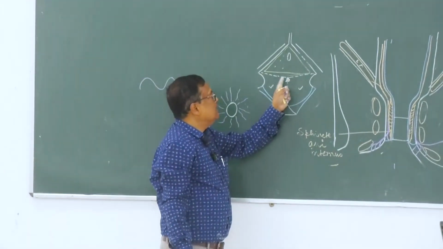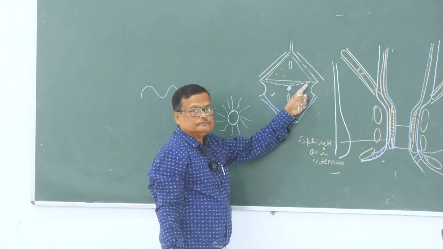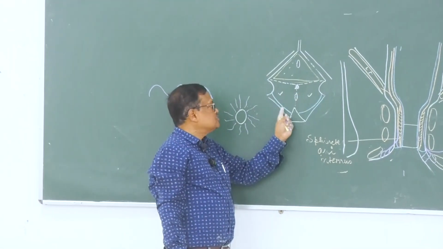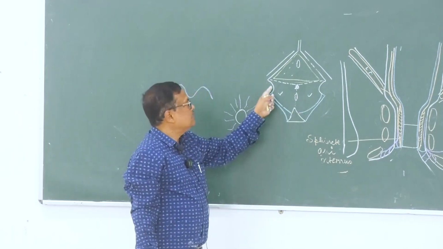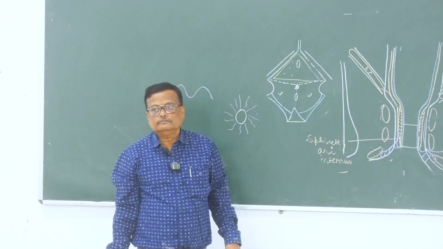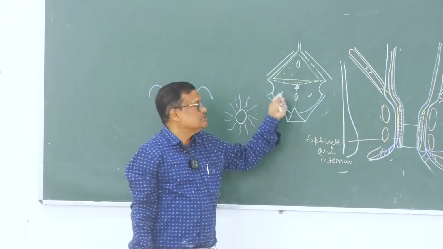Anterior boundary, perineal body and ischial line. Posteriorly, sacrotuberous ligament and tip of the coccyx. Laterally, ischial tuberosity. Na, bhul bolchi, sorry.